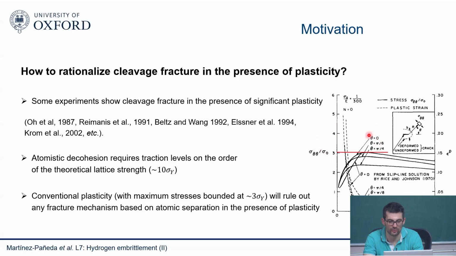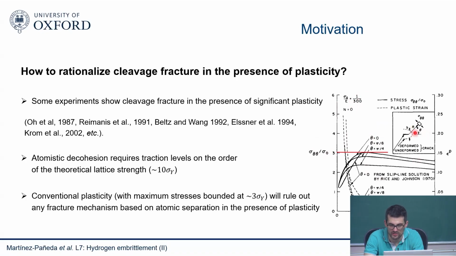You can focus on theta equals 0, in a polar coordinate system, which is the extended plane along the crack line. And sigma 0 means the initial yield stress of the material. He's running these calculations for a given ratio between sigma 0 and Young's modulus, which is very sensible.